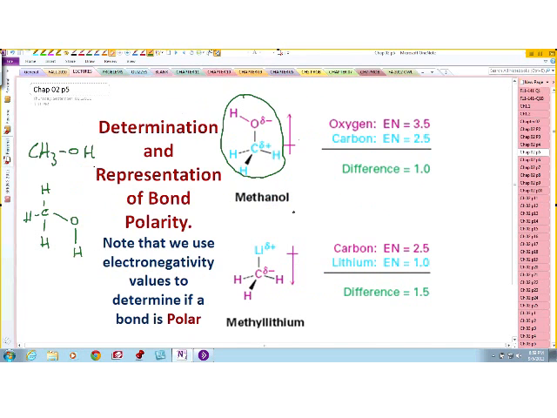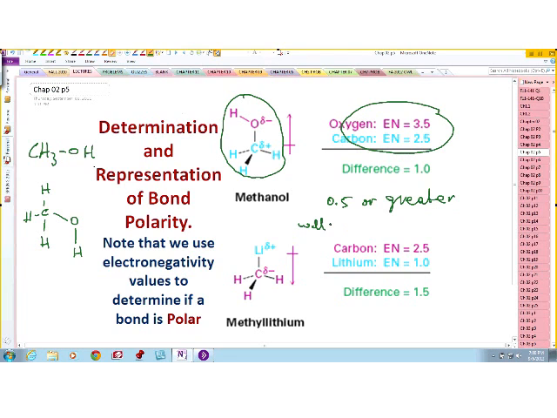And carbon is 2.5. So you could see right here, between this carbon and this oxygen, the difference in electronegativity value is 1. So anytime you have a difference in electronegativity value of 0.5 or greater, then you say that bond is a polar covalent bond.